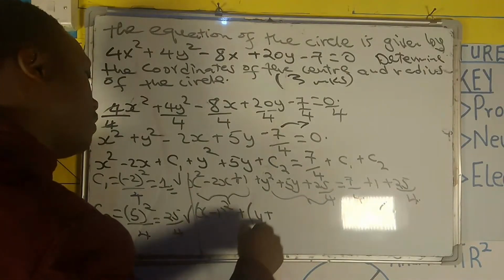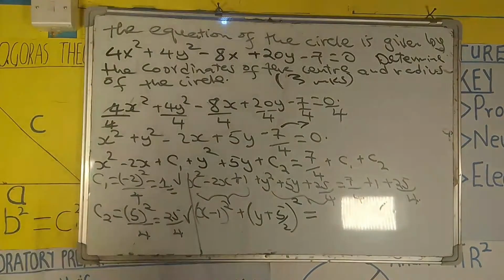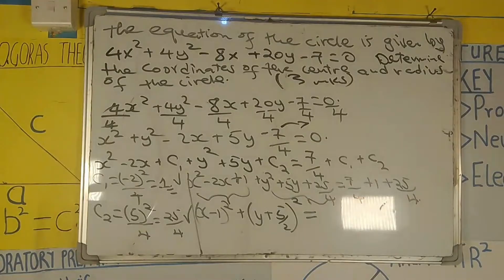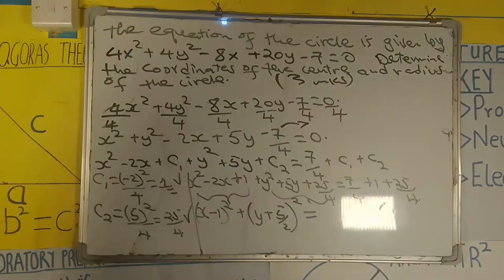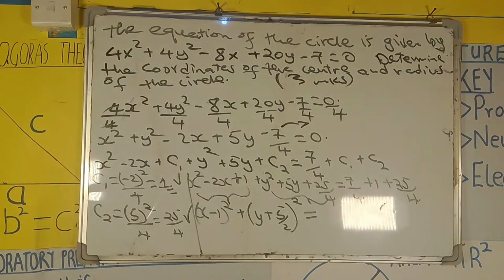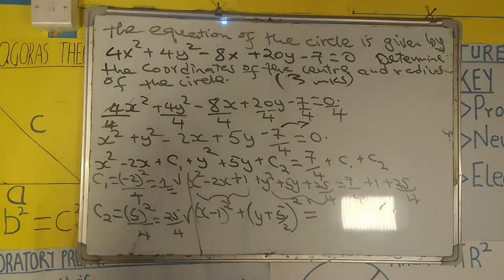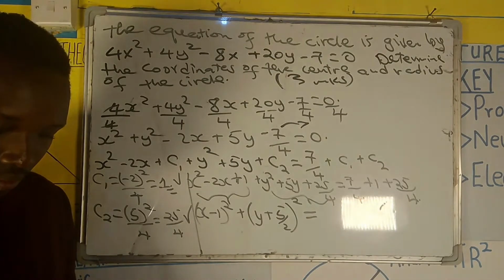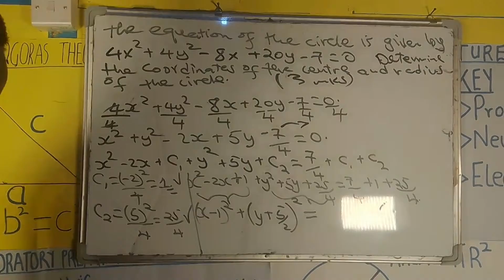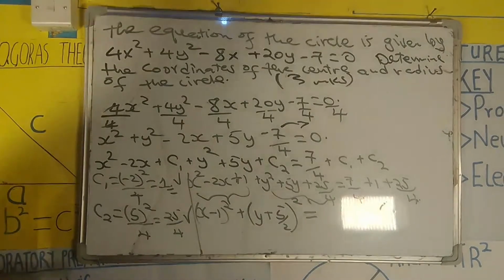The square root of 25 over 4 is 5 over 2, is equal to 7 over 4, plus 1, plus 25 over 4 is 9.